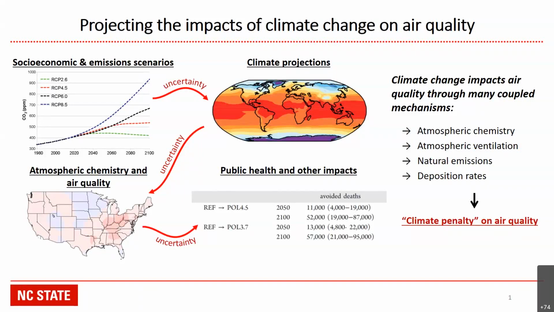This is an outline of how most of those studies approach the problem, beginning with projections of greenhouse gas emissions and economic activity, using those to drive climate models, global circulation models, to get projections of climate and meteorology, and then using those to drive simulations of air quality or atmospheric chemistry, either at global scales or downscaled to regional scales.